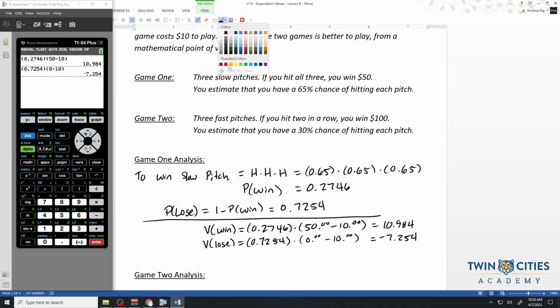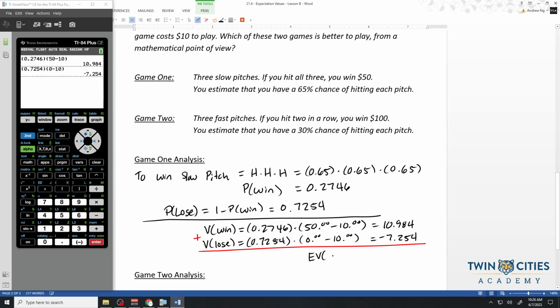Now I want to know the expectation value of this game as a whole. So now that I've got the value of each possible event, I'm going to add these together to find the expectation value of the game. All right, that's going to be this plus this: 3.73.